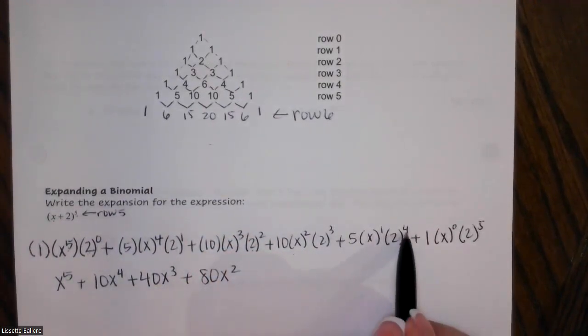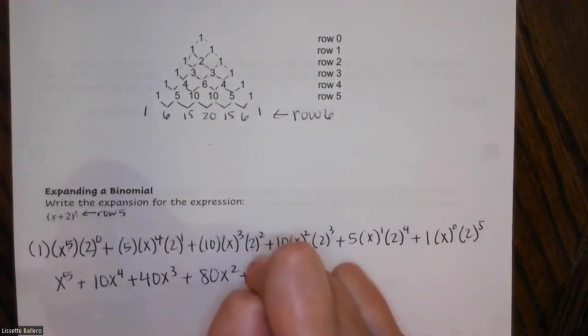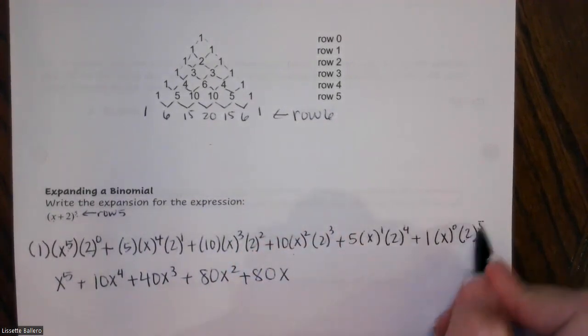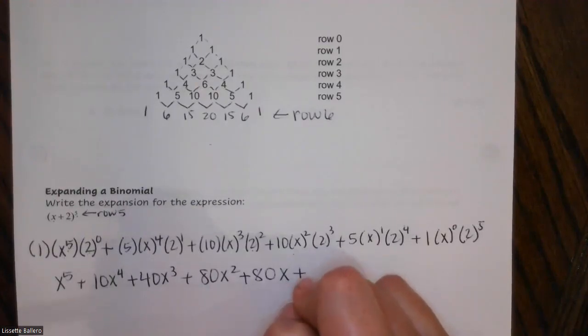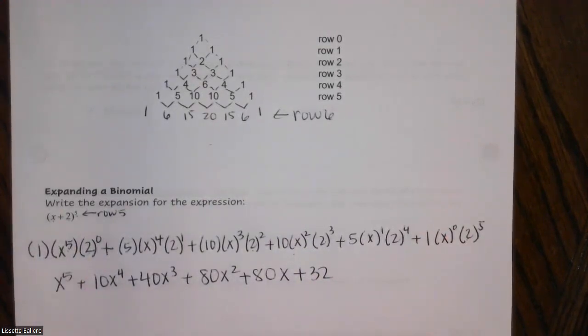Here we've got 2 to the 4th power, which is 16 times 5 gives us 80 again, x, and then 2 to the 5th power is 32. This one's not going to have an x because anything to the 0 power is 1, and so we quickly expanded that instead of having to do the multiplication of x plus 2 times itself 5 times.